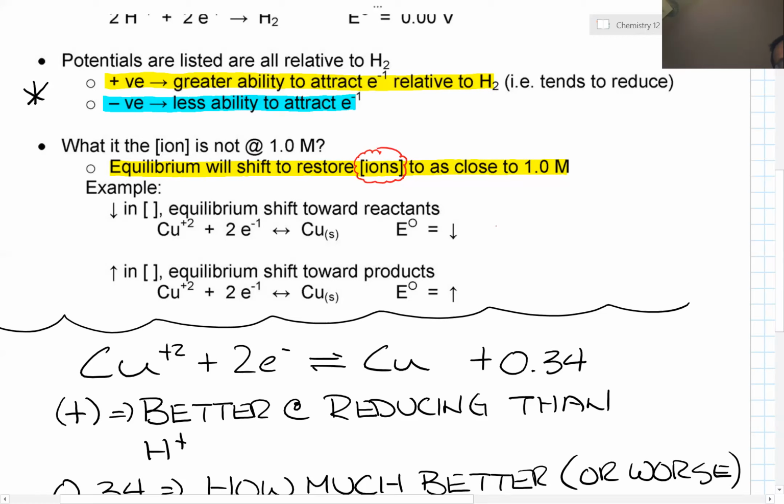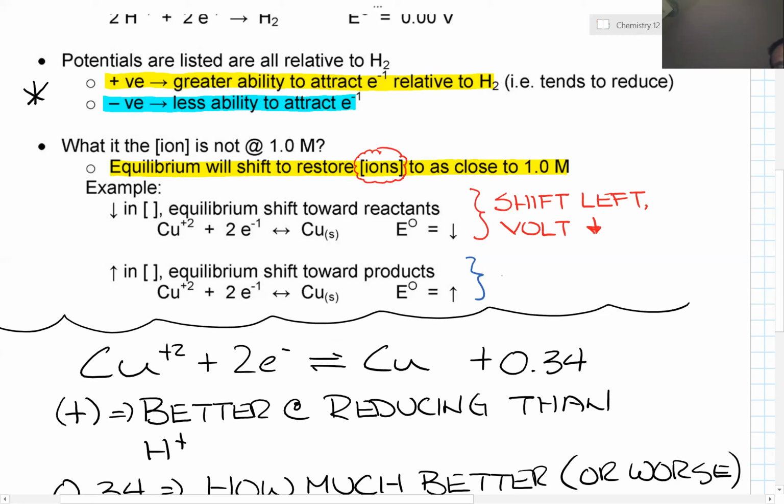So you can think of it, if you shift left, the voltage will decrease. This goes back to equilibrium. Shift left, shift to the reactants, the voltage decreases. Now, if the equilibrium shifts to the products, the voltage increases.